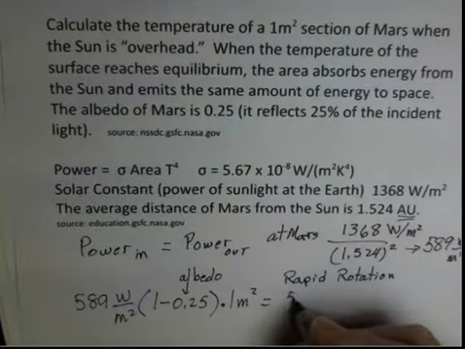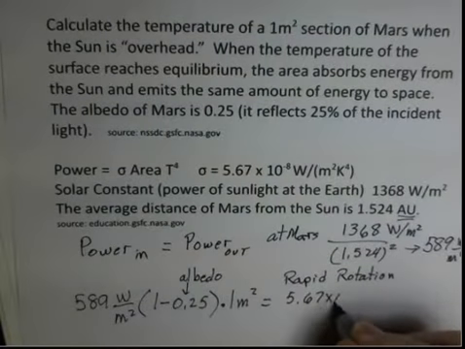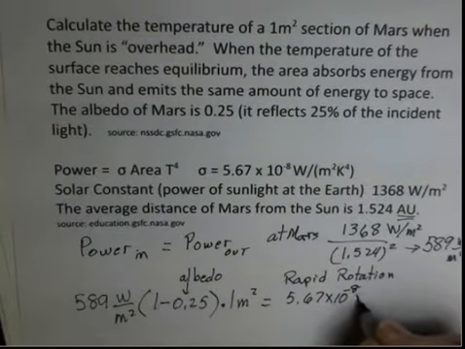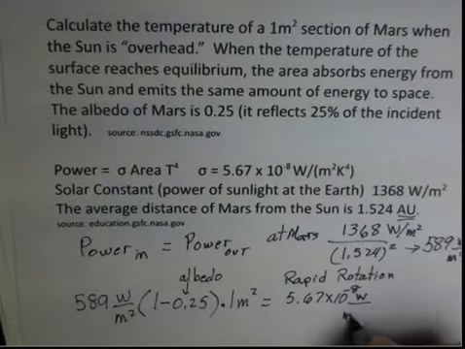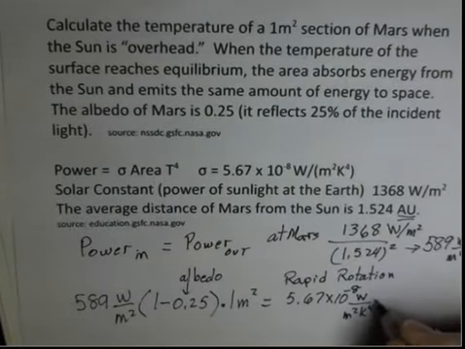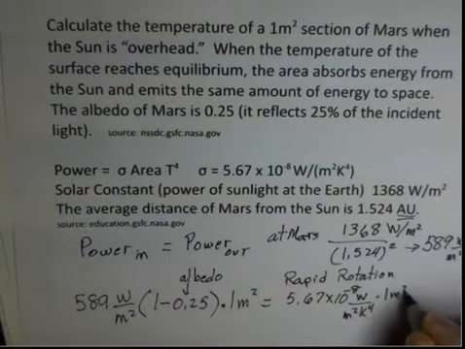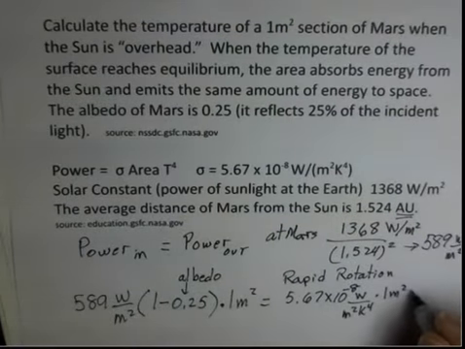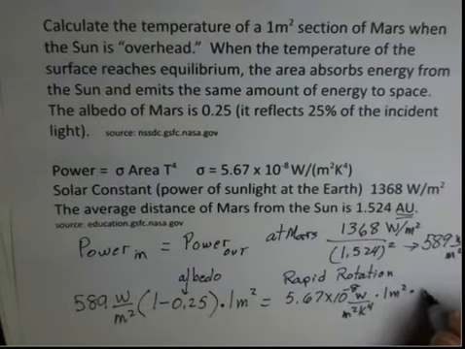But 5.67 times 10 to the minus 8 is Stefan's constant, with units of watts per meter squared Kelvin to the fourth. Again, doing this for 1 square meter. And then the temperature to the fourth power.